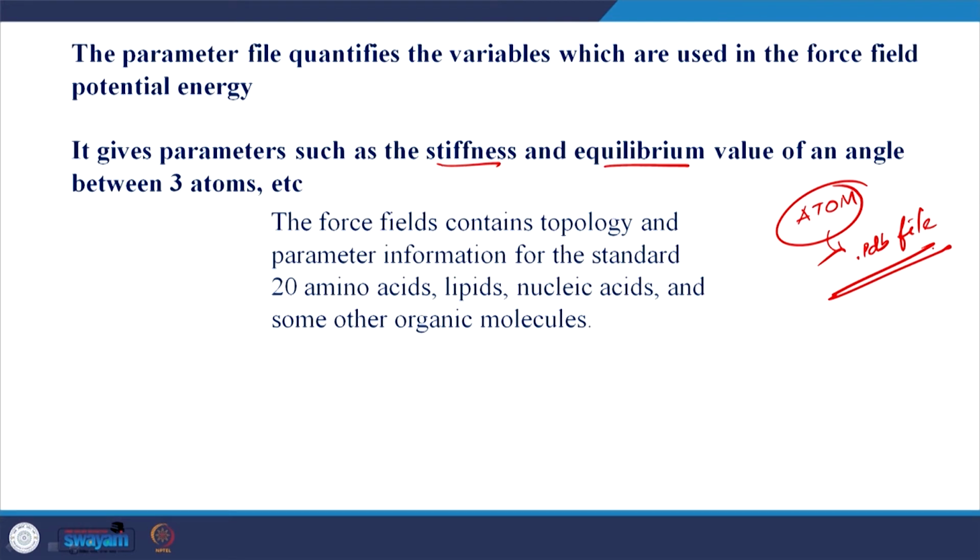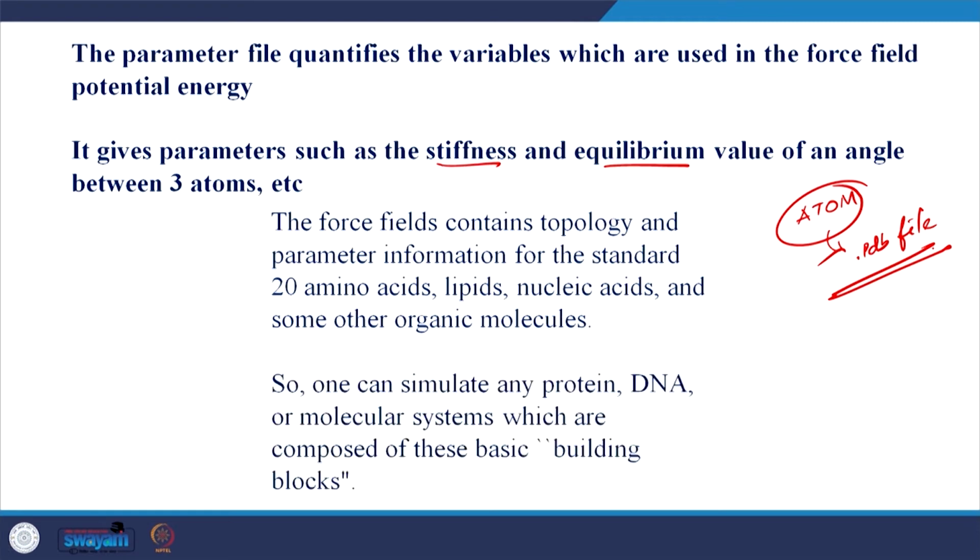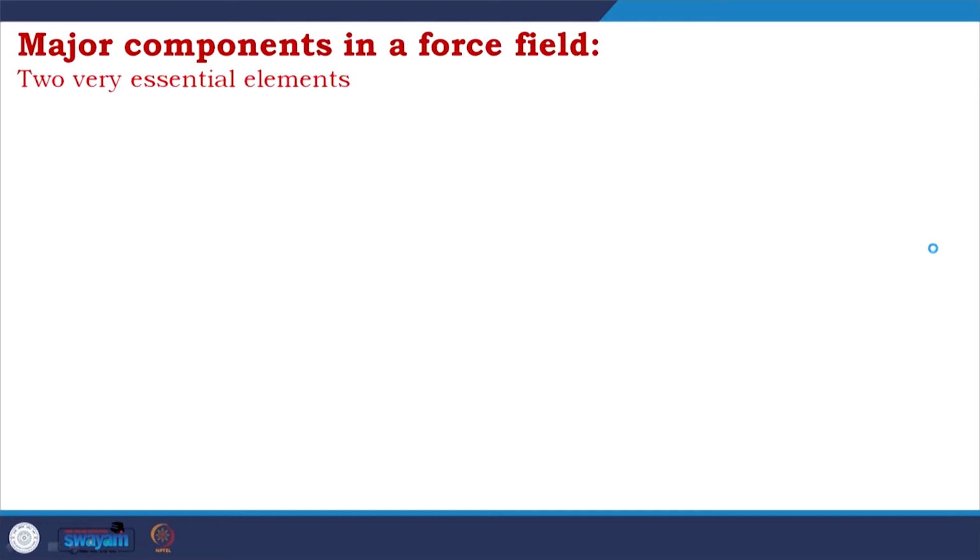So, these are there in the force field, and using them one can simulate any protein, any DNA or molecular systems which are composed of these basic building blocks. So, all the biological macromolecules, from protein, DNA and RNA, could be simulated, and these parameters, when you go to theory, they have different changes, they have different contributors which give us different force fields.